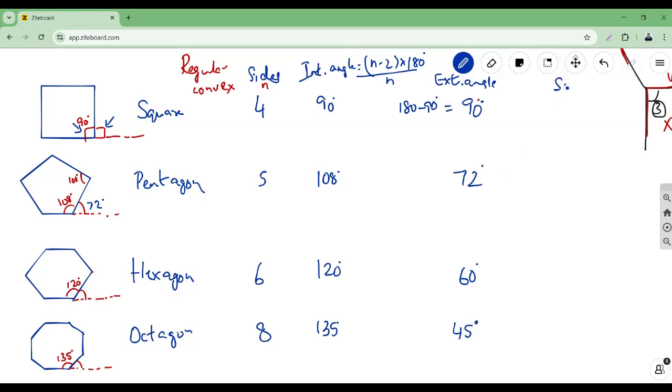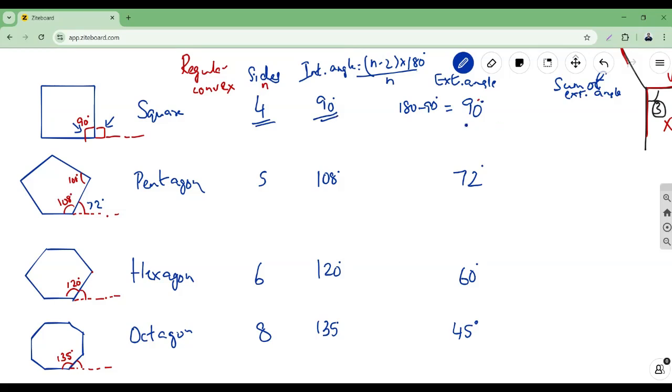Then now let's talk about the sum of all exterior angles. Now, if a polygon has n sides, it has n interior angles, and similarly, n exterior angles.